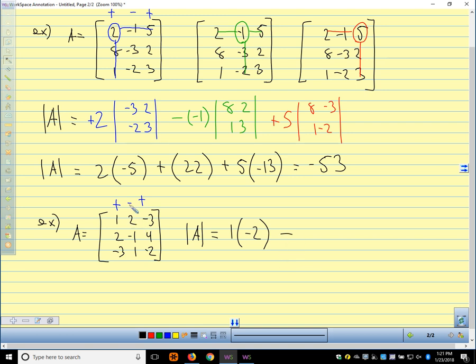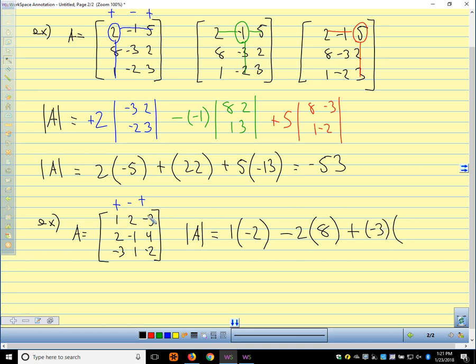Minus, from this negative sign, 2 times, and I visualize crossing out that row and that column, negative 4 minus negative 12, so negative 4 plus 12, 8. And then plus, from this, negative 3, that's for this number.